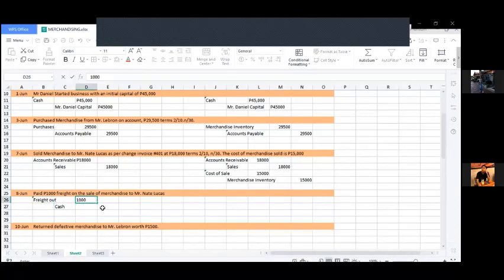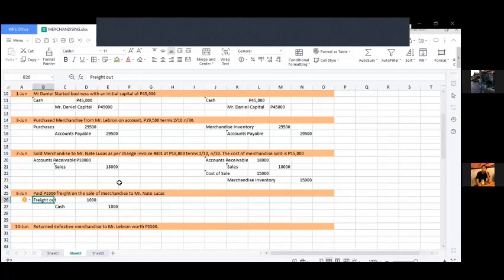So, amount is 1,000. Note na kapag seller tayo and tayo yung nagbayad ng freight, ang gagamitin nating term is freight out or transportation out. And kapag buyer naman, transportation in and freight in.